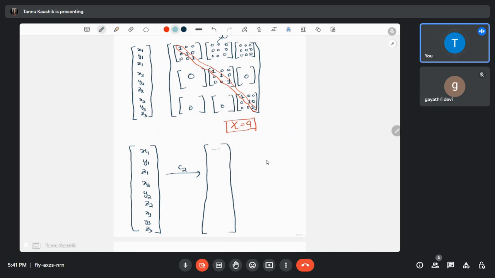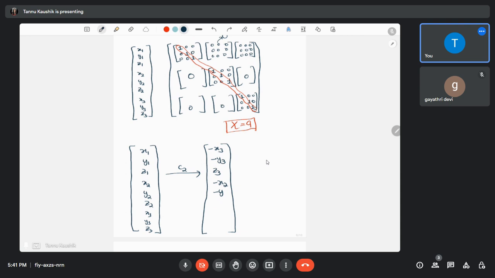So this is very simple, but let me write it here. Since the positions are being exchanged along with the direction change of these coordinates, x1 will become minus x3, y1 will change to minus y3, z1 to z3. x2 will become minus x2 because its position is not changing, but the direction of the x will be changing.